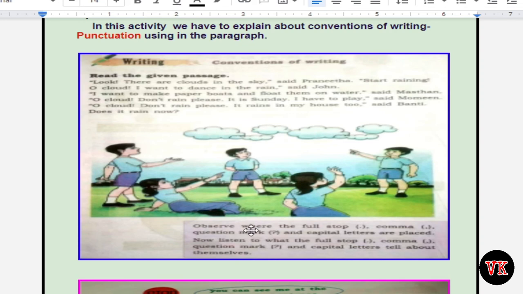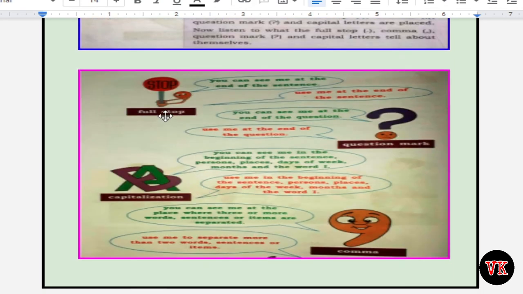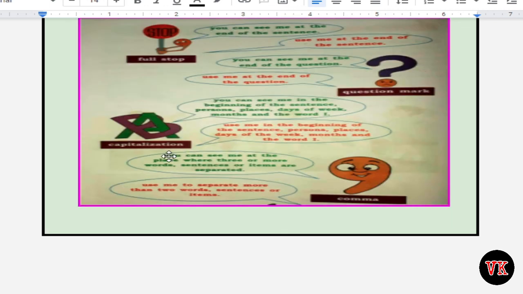The question mark. Use me at the end of the question. The capital letters. Use me in the beginning of the sentence, persons, places, days of the week, months, and the word I. Next, comma. Use me to separate more than two words or items. Okay?